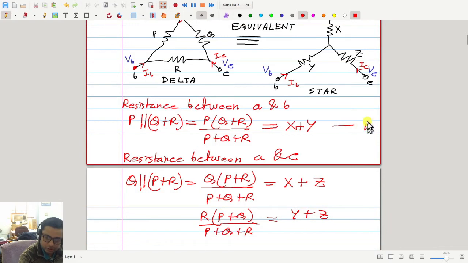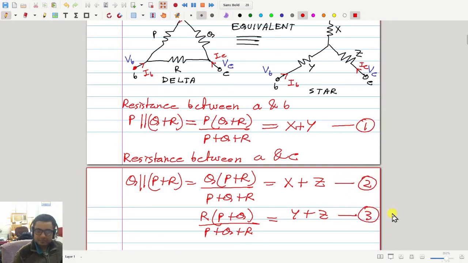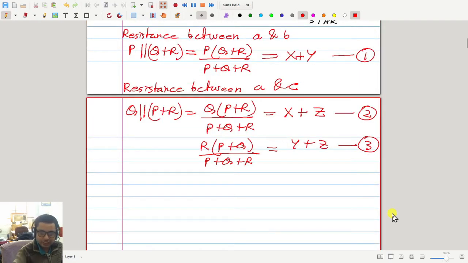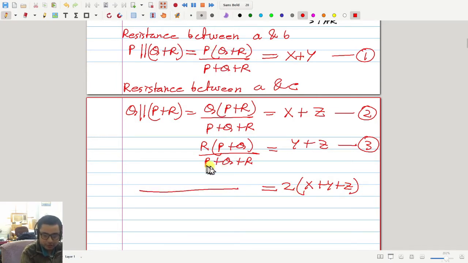Now you see we have three equations, 1, 2 and 3. Now from these three equations, if we add all of this, equation 1 plus 2 plus 3, then on the right side we will get 2 times X plus Y plus Z. And on the left side, if you add all these three quantities, the denominator will be P plus Q plus R, and the numerator will be, you have PQ, PR, QP, all these product terms come twice.